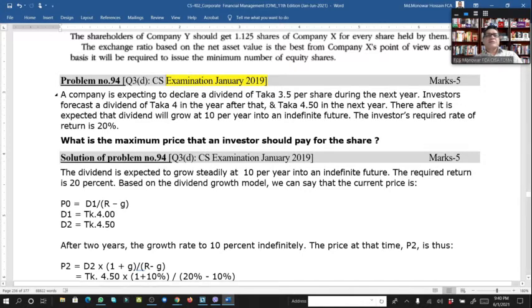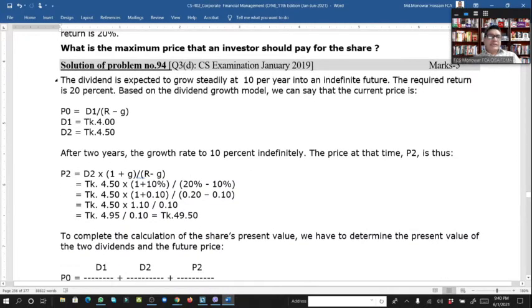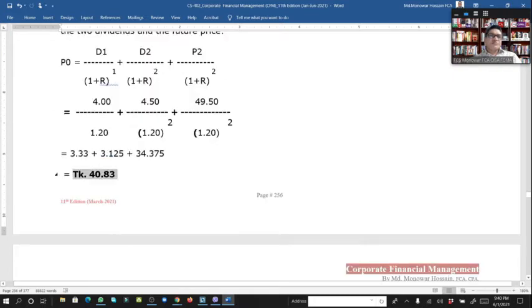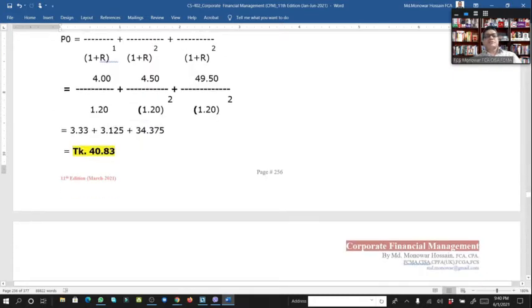Thereafter, the expected dividend growth is 10% into the infinite future. The investor's rate of return is 20%. What is the maximum price that an investor should pay for the share? The calculation is here. After calculating this way, the investor may pay this amount, 14.